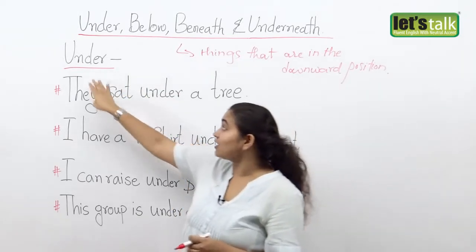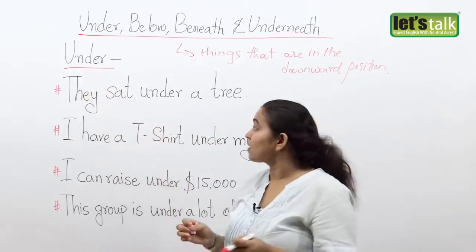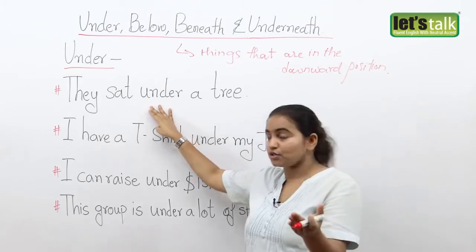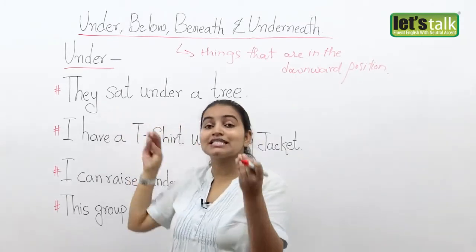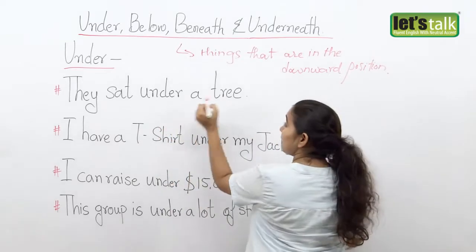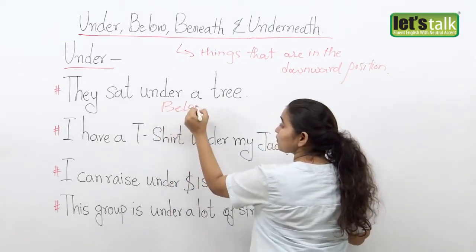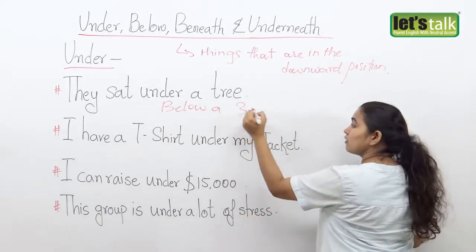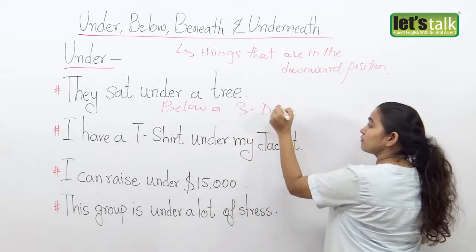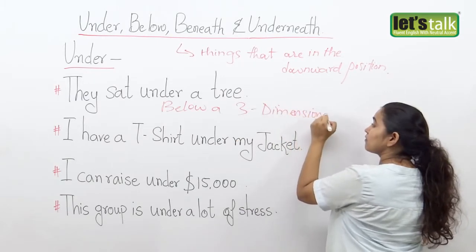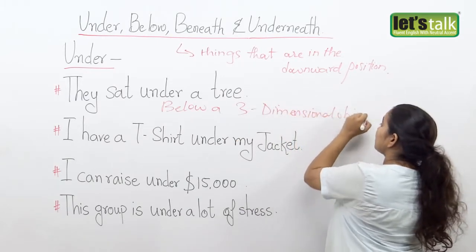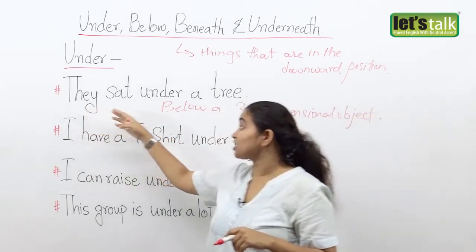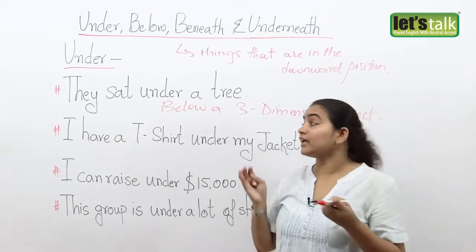Okay, the first one is the word under. Now, the first context in which you will use the word under is to talk about something that is below a three-dimensional object. So we have an example, the sentence which is, they sat under a tree.